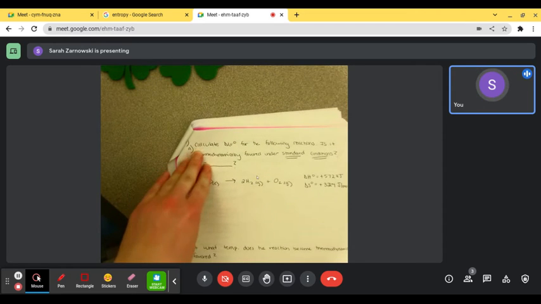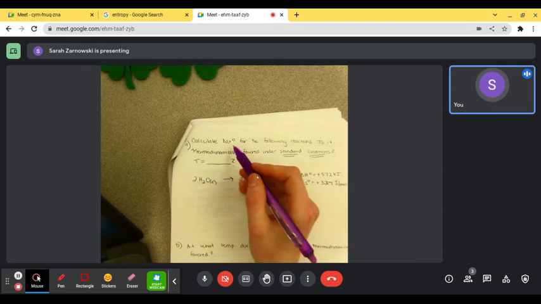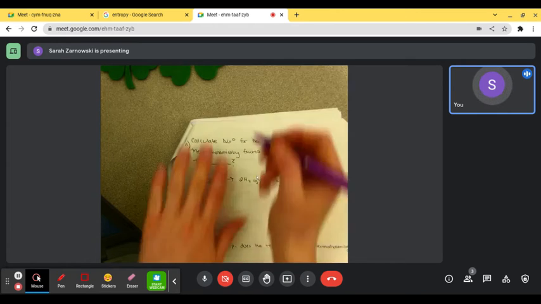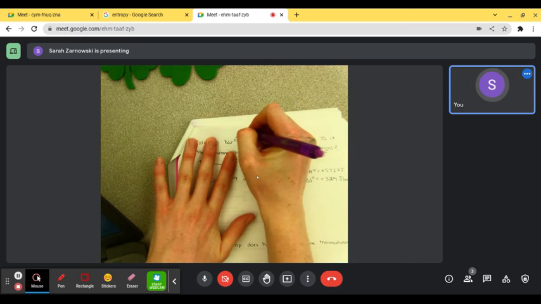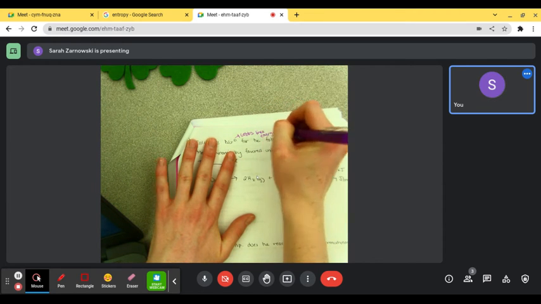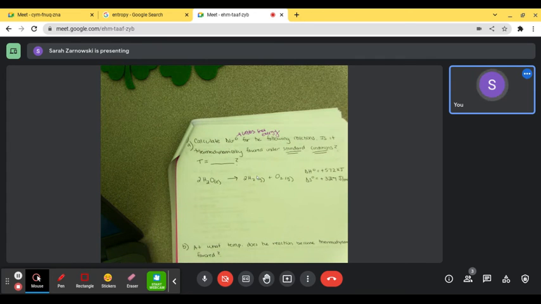For number 6, there's something called change in G. Change in S was entropy. Now for change in G, G is kind of funny. It is called Gibbs free energy, so I'm going to label that. What that is, it tells you how everything is going to react.